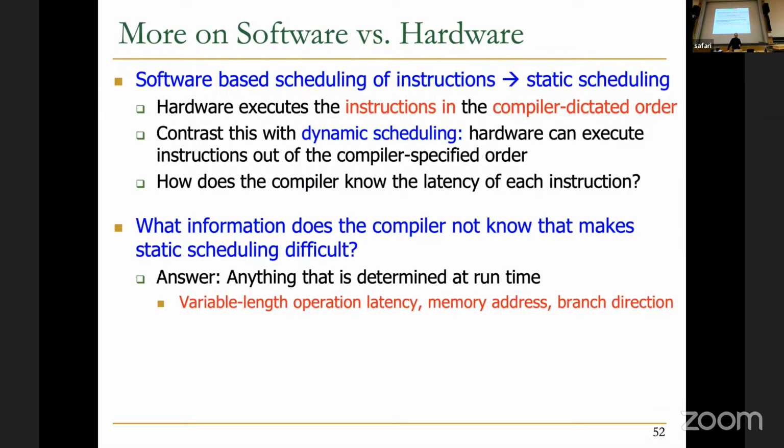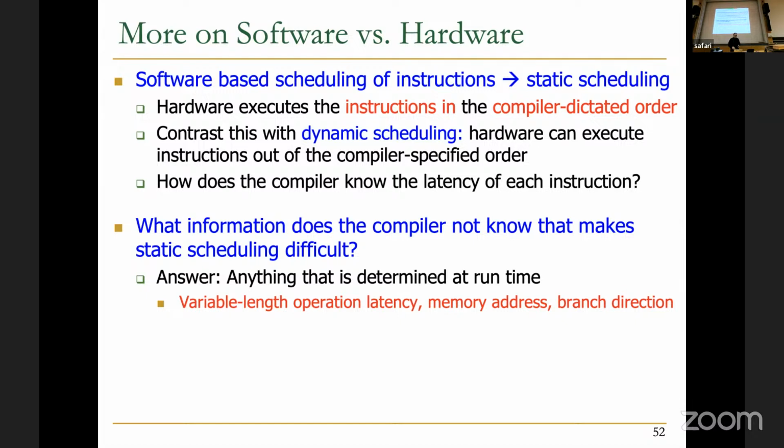Some instructions can have variable latency. For example, for multiplication, in our baseline pipeline we had only one cycle for the execution, but we will see more complicated pipelines soon. So the latency of the execution unit can be different for different instructions.